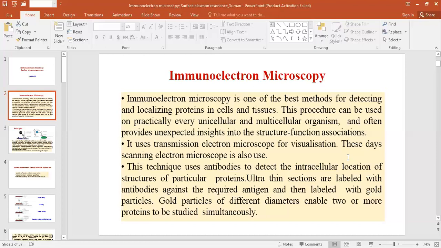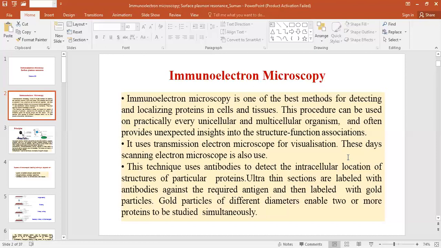So this particular technique is a method of performing an immunohistochemical method using an optical microscope in an electron microscope, known by various names such as immunocytochemistry and electron microscopic immunohistochemistry.